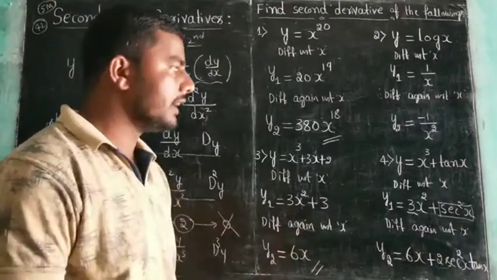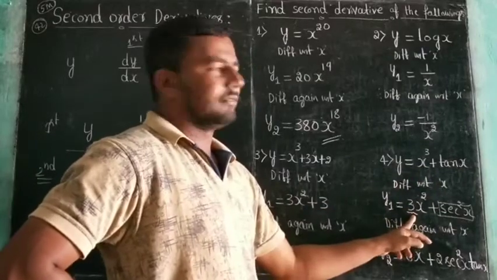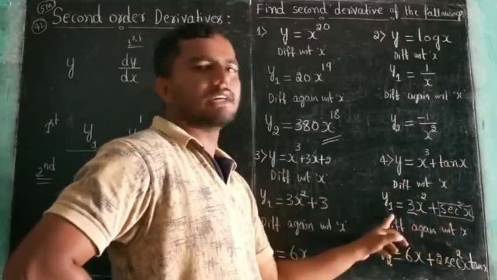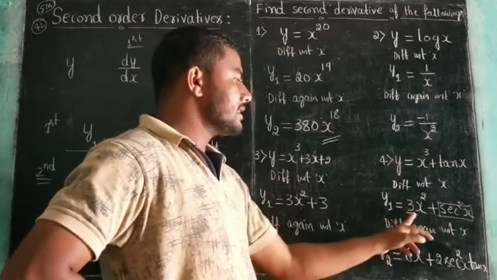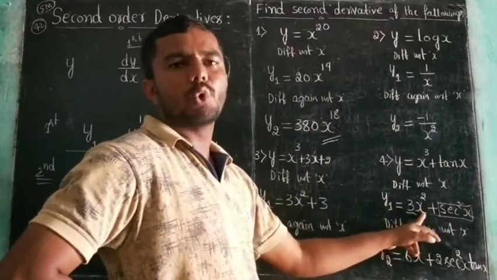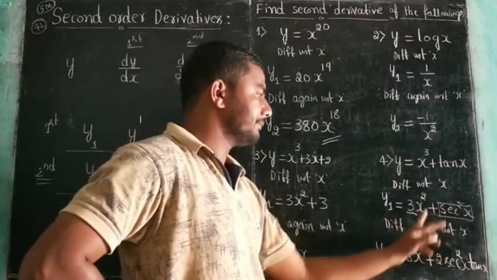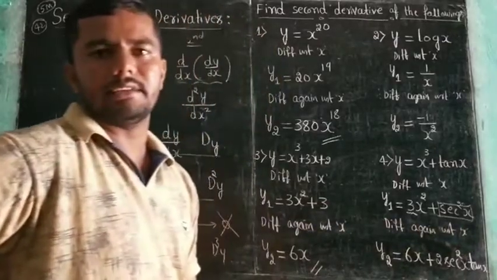I will repeat once again. The derivative of x cube is 3x square. The derivative of tan x is secant square. This is the first derivative. And then the second derivative is, take 3 as it is. The derivative of x square is 2x. 2 into 3, 6x, plus we want the derivative of secant square x.